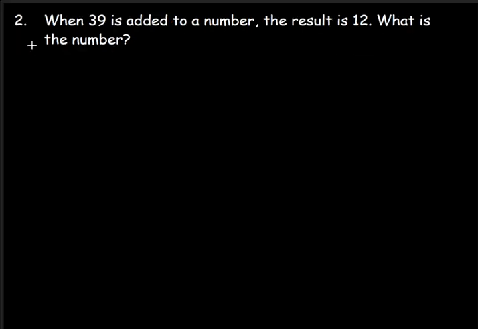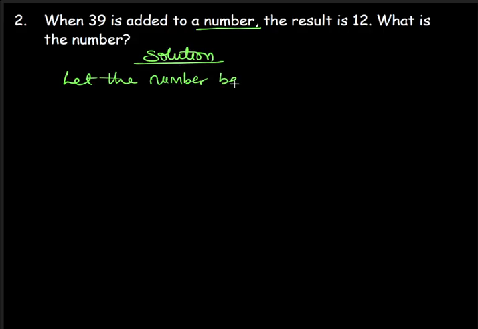Okay, let's go to number two. Solution. When 39 is added to a number, the result is 12. What is the number? We don't know. So of course we assume, let the number be x. You can use any other variable. Now 39 is added to a number.